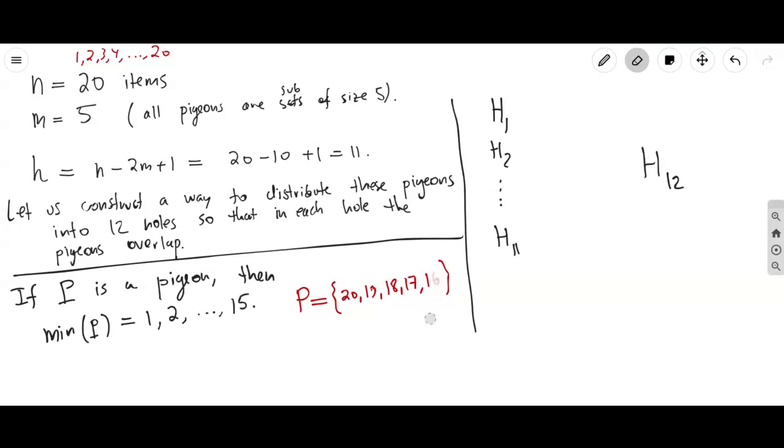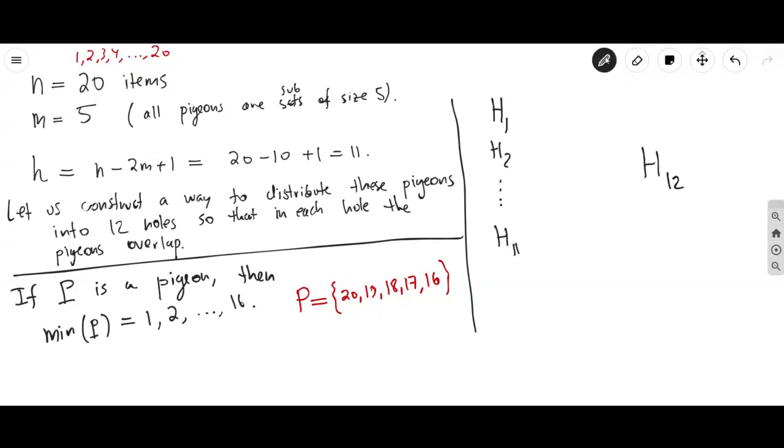So if P is a pigeon, then the minimum number that's located in P will range from 1 to 16.